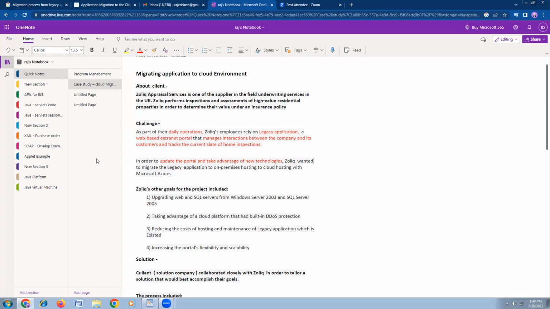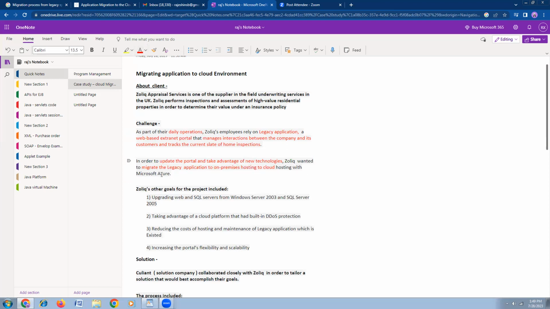That is one of the major reasons why they want to transform from legacy applications to a new application. Jolik wants to migrate the legacy application to a hosting application on the cloud environment. The advantage of the cloud environment is that the infrastructure cost will come down. That's the advantage Jolik has identified, hence they want to migrate from a legacy application to cloud hosting services.